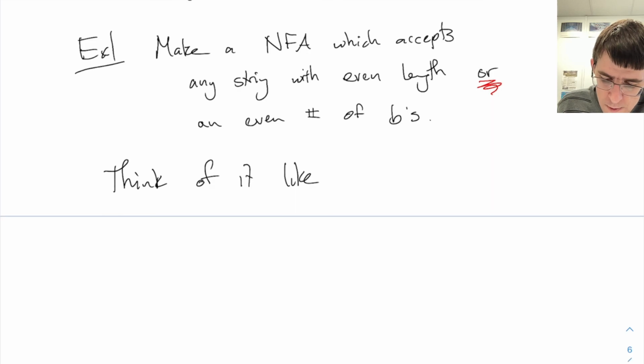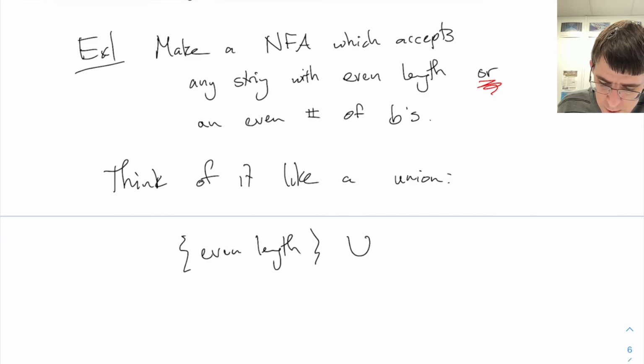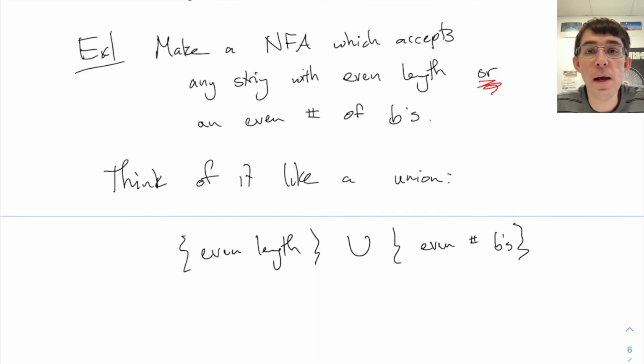There's one set which would be even length, and then union with a set which is even number of B's. I'm going to make an NFA for each of those two things and then patch them together with that simple in parallel epsilons construction, and then we'll have a machine that gives me the union.